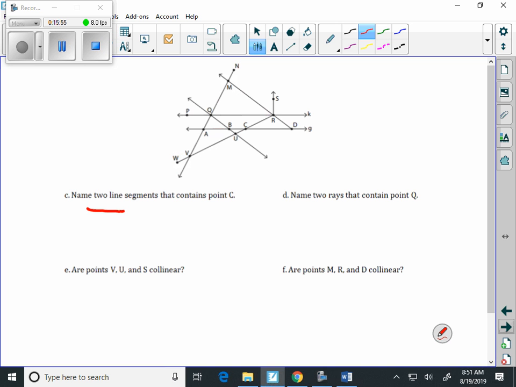We could say UC. But there's multiple ways. We could say VR. We don't have to have C written. But that symbol, that line with no arrows over it, means that we're dealing with a segment.